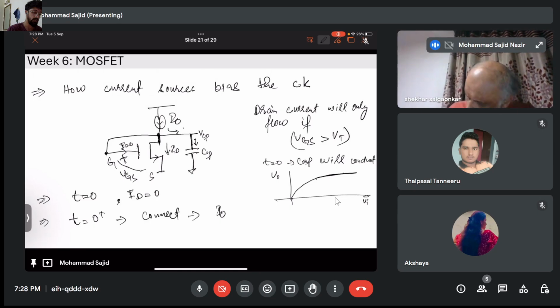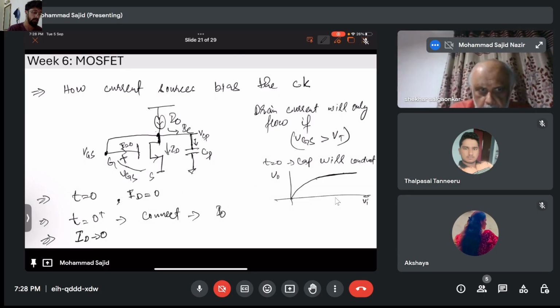It will increase this potential, which subsequently increases the gate potential. Okay. So let's call it IC. IC is equivalent to I naught minus ID, and VCP increases.